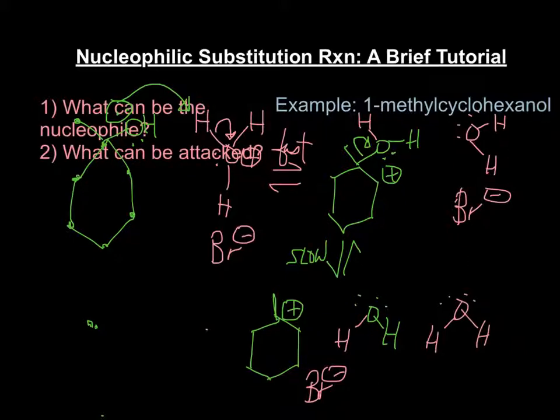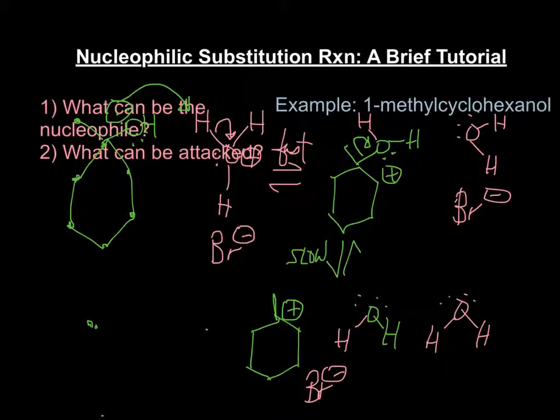So what do we have around here that can be a nucleophile? Well, it must have lone pair electrons, so you could say it's one of the waters, which is true, but if a water comes back and attacks the cation, you're just going to reform your alkyl oxonium ion.